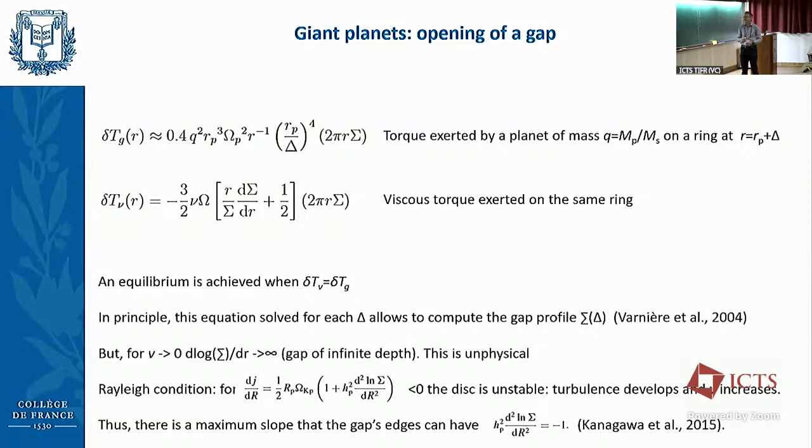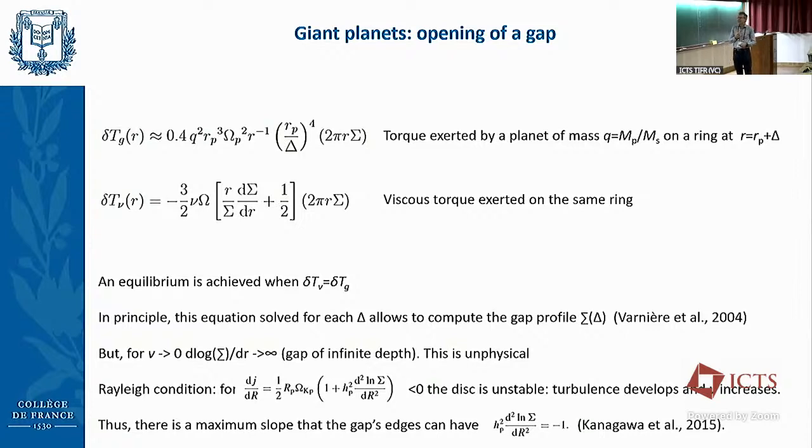The radial gradient of the specific angular momentum of the disk has to be positive for the disk to be stable. So that means that the angular momentum of the disk grows with distance from the sun.